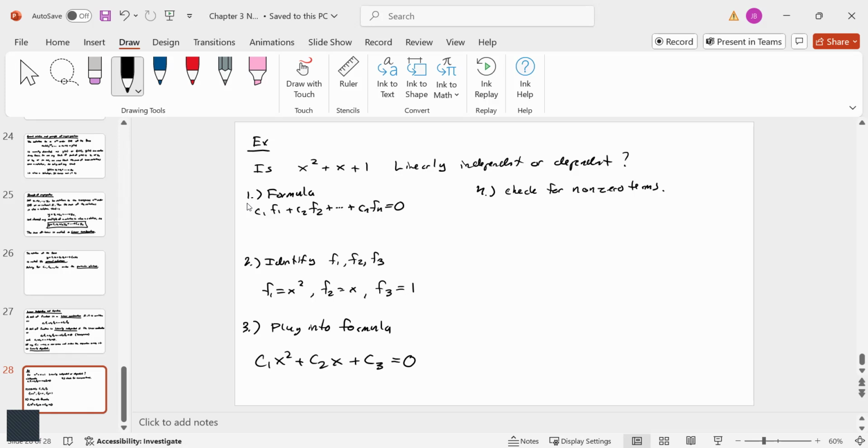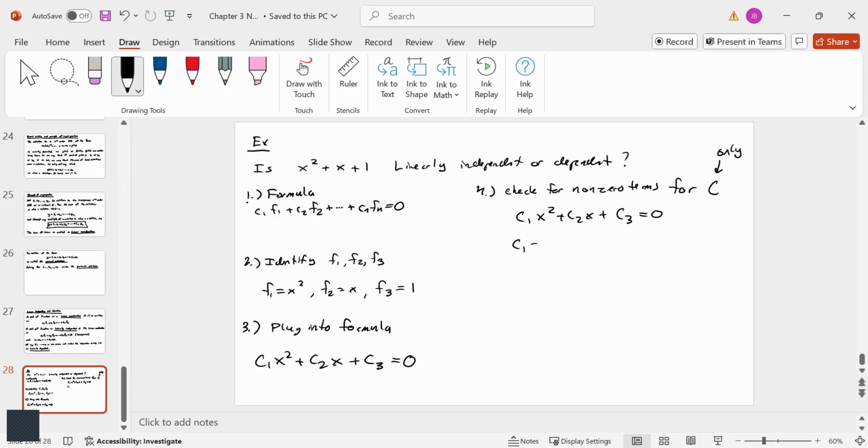Can I think of values that are not 0 that'll cancel everything out? And just to be clear, you're only doing it for C. X doesn't matter. We don't care what X is because that's not the point. It's the coefficients.